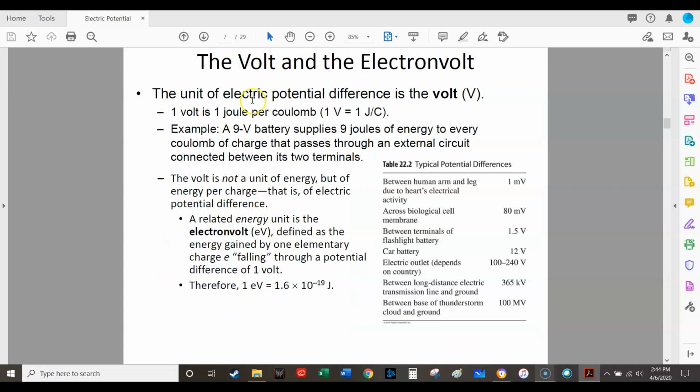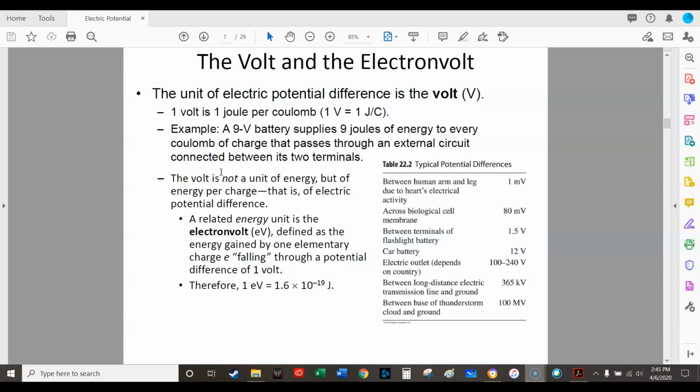Voltage is also 1 joule per coulomb. Okay. So it's basically a potential energy due to electricity per unit charge. Okay. But I want to point out that a volt is not a unit of energy.